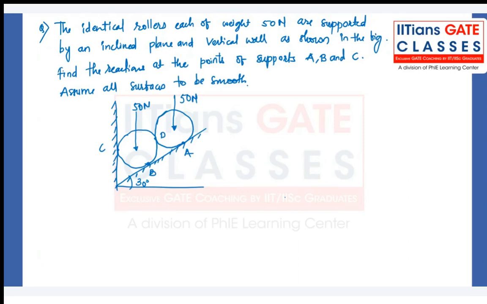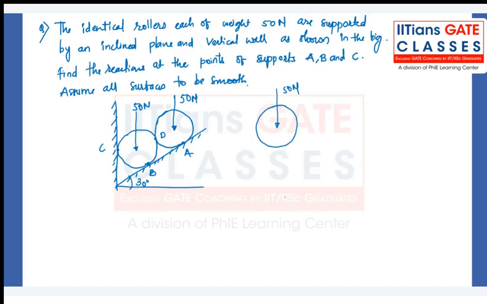Let's start with the free body diagrams of the rollers. The first roller looks like this. We have a 50 Newton force acting like this. Then this is the second roller. Because we have fewer forces here, we'll start with the second roller.